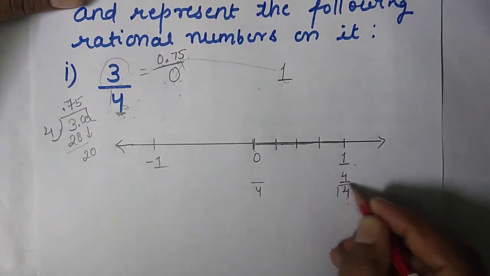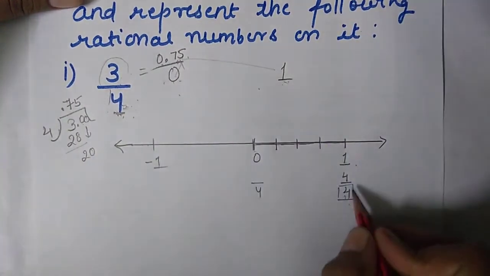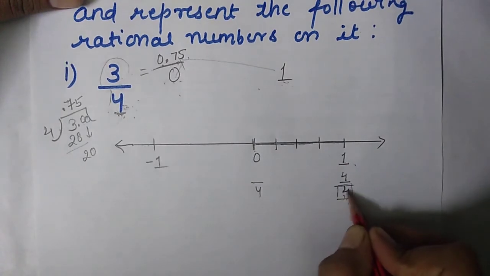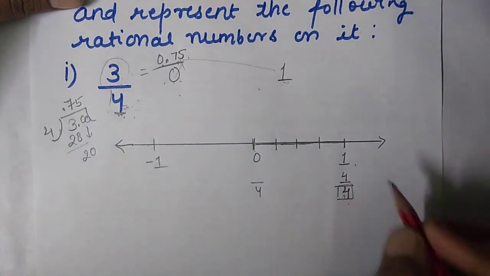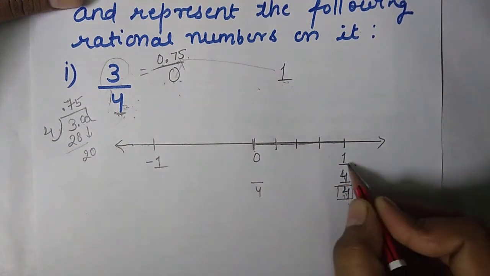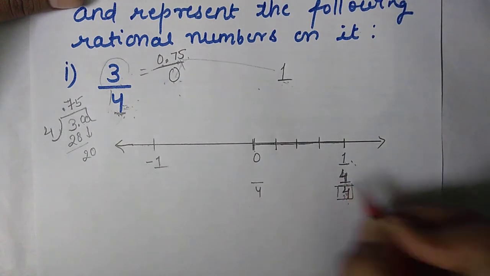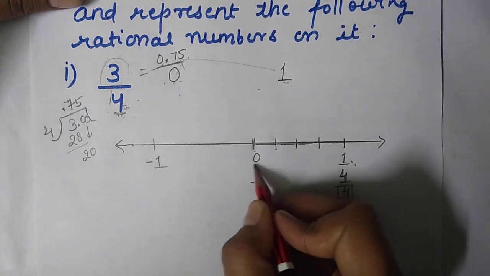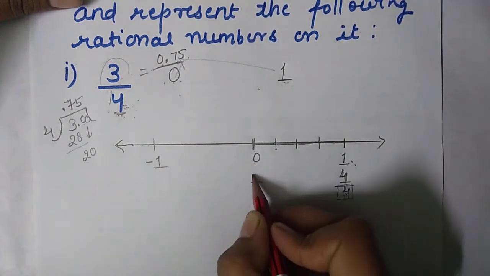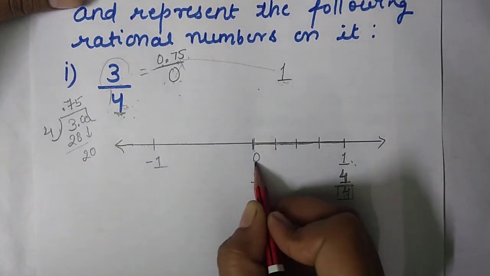First you have to take the denominator equal to the given denominator. So first I have taken 4, then I searched for a number in the numerator so that the resultant is equal to 1. That number is 4. And for 0, you have to make the numerator 0, so that the resultant is 0.